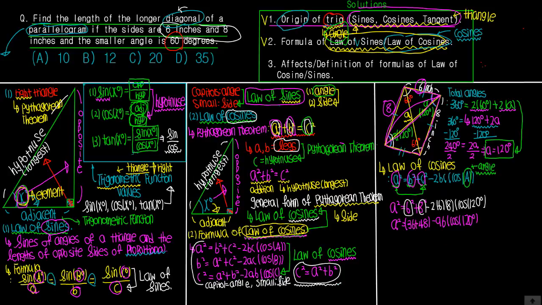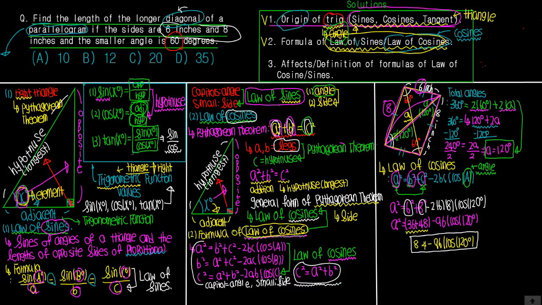So we can simplify it further. 36 plus 64 will be 100, and then 100 minus 96 times cosine of our 120 degrees. So all you have to do is solve this through our calculator and then apply it to our a squared term.